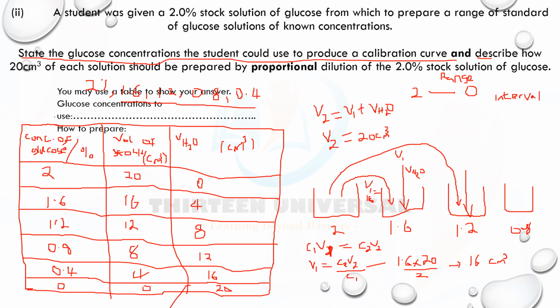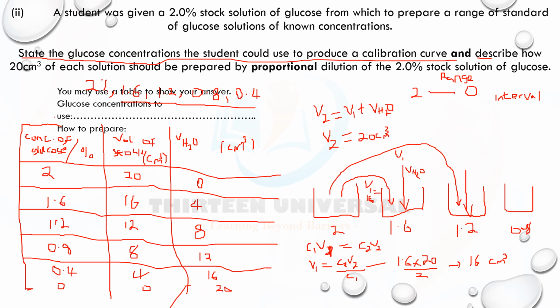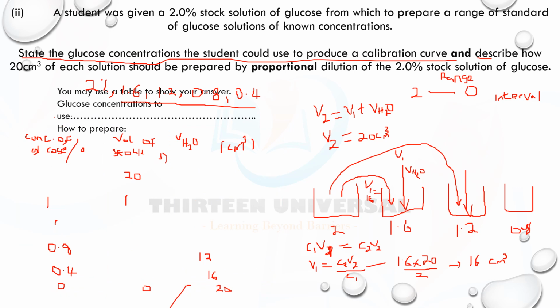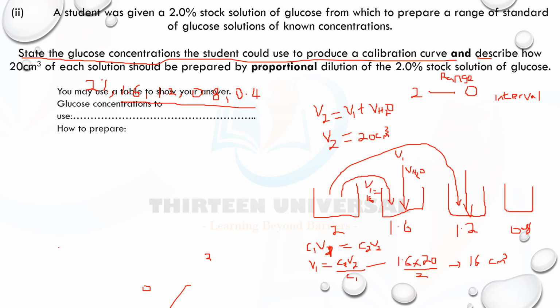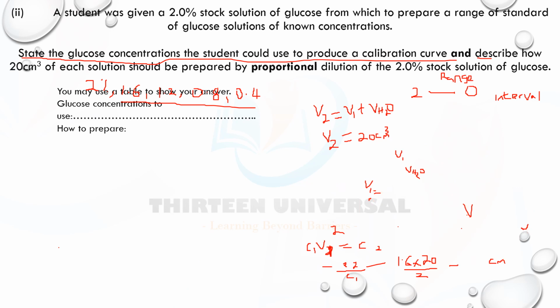Let's clean up the table so we can see the marking. I hope you learned it. This is proportional dilution. In proportional dilution, the stock solution is what we dilute from. So C1 becomes constant. We keep calculating for V1 because V2 is always constant.